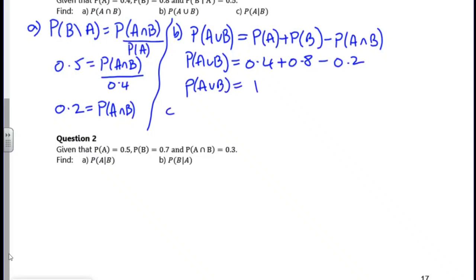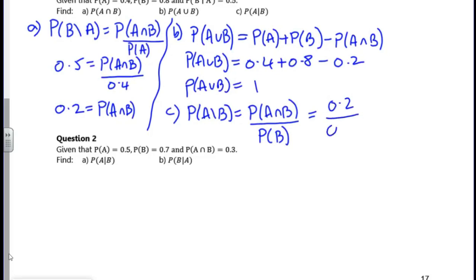There's nothing else apart from A or B in the whole world. So A given that B, it's always divided by the given that. So A and B we've worked out as 0.2. B is 0.8, so that's going to be a quarter, isn't it? There we go.